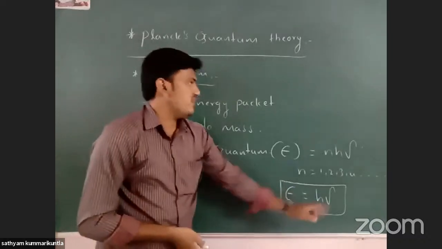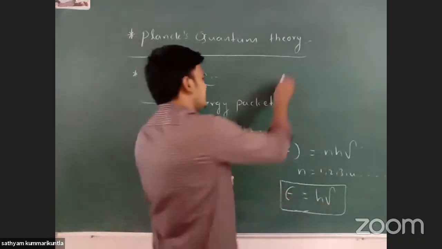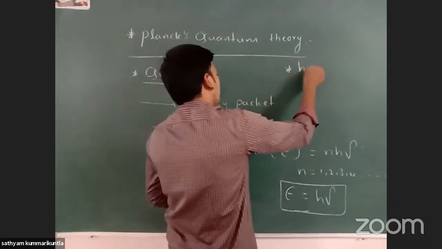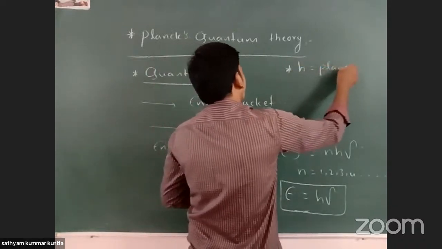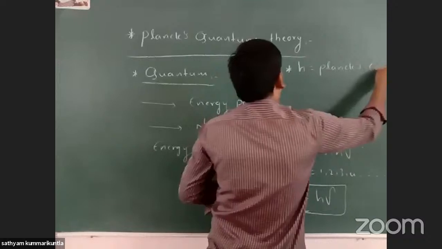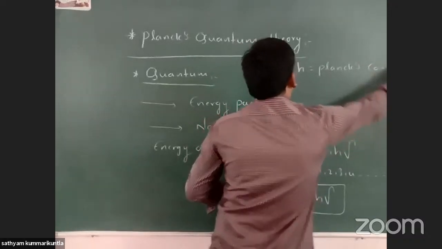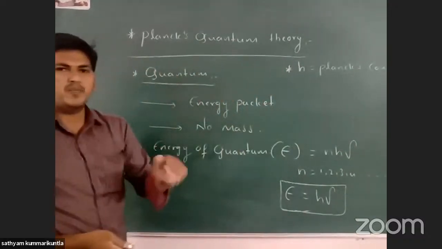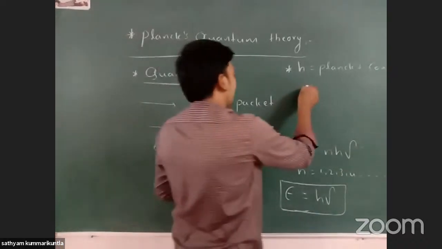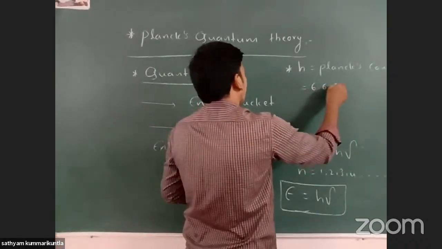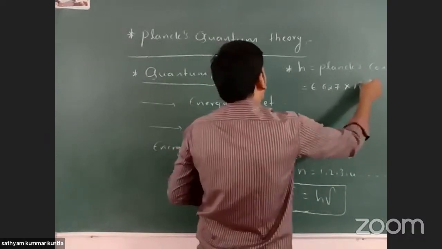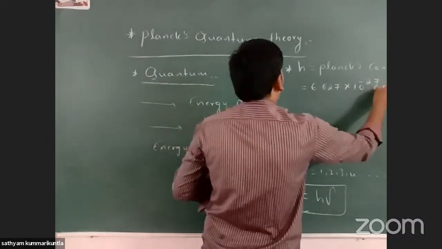Finally, very important, h is Planck's constant, and Planck's constant value is approximately 6.627 into 10 to the power of minus 27 erg seconds.